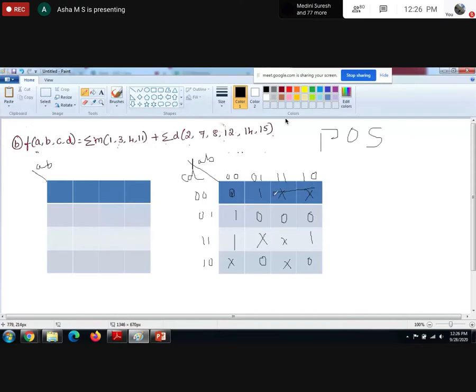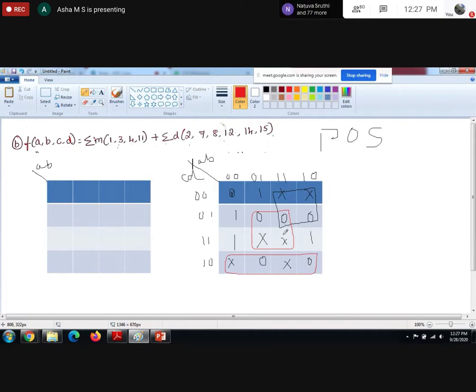I can make one quad here. I can make one quad here. One more quad here. See, you can make it like this also, that is also correct. Or you can make it like this also.